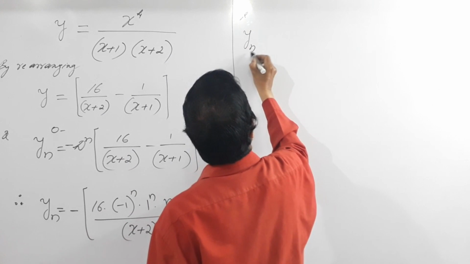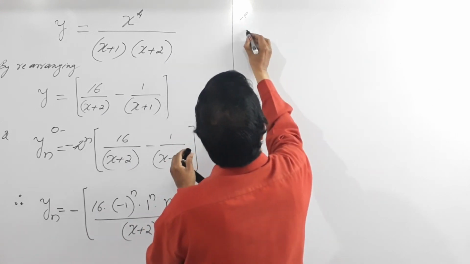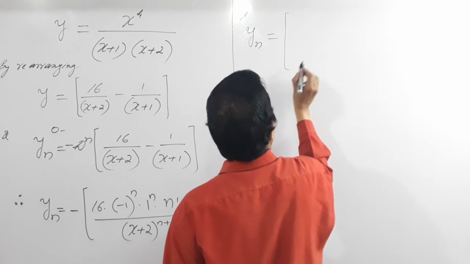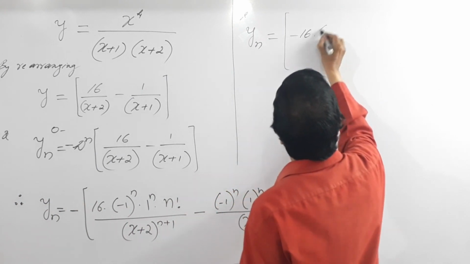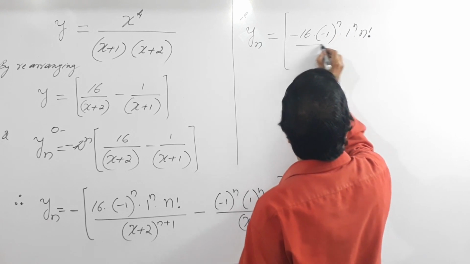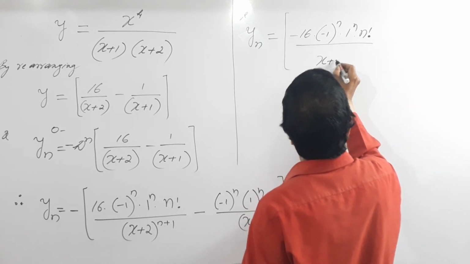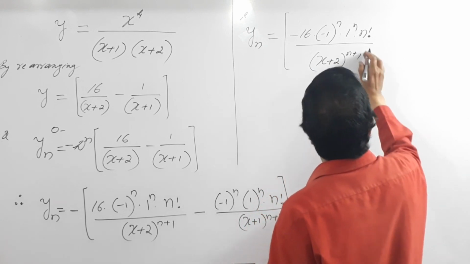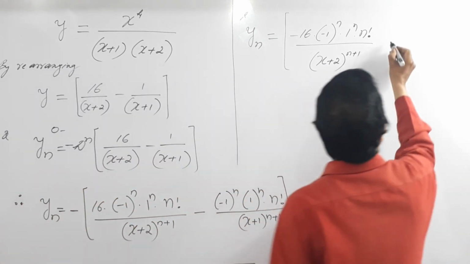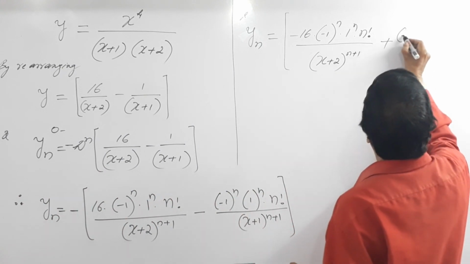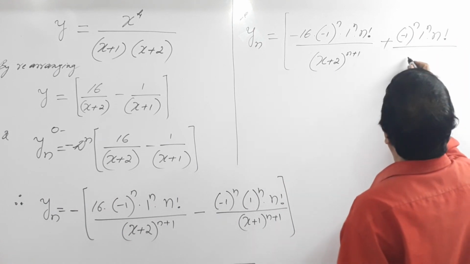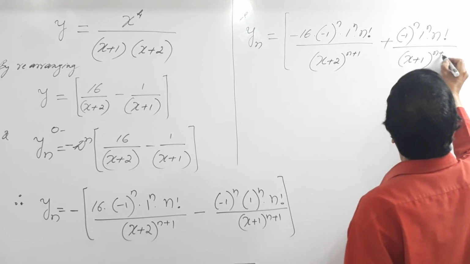That is yn, that is yn will be minus into this, minus 16 into minus 1 to the power of n into 1 to the power of n factorial divided by x plus 2 n plus 1, so minus into minus becomes plus minus 1 to the power of n 1 to the power of n factorial divided by x plus 1 to the power of n plus 1.